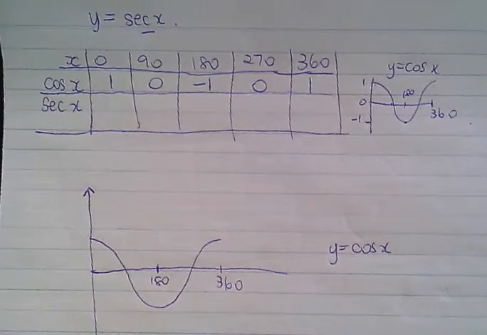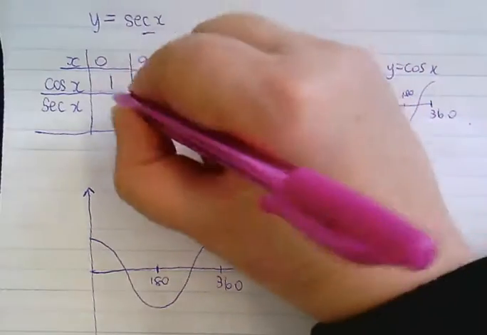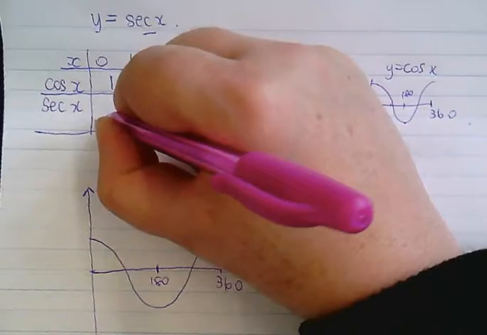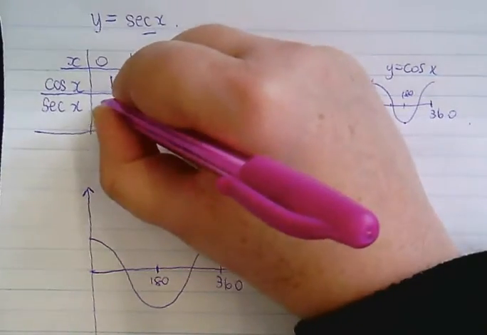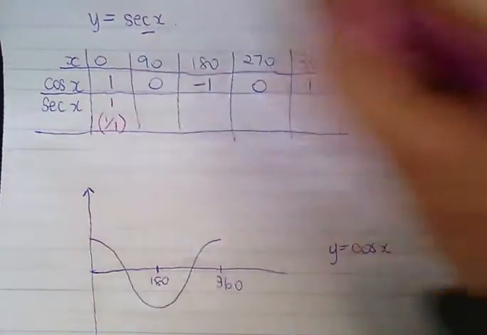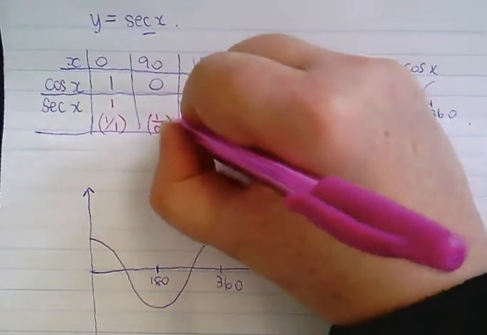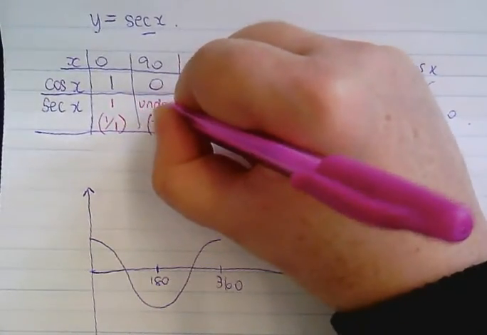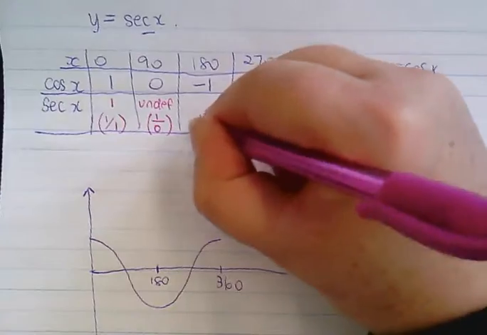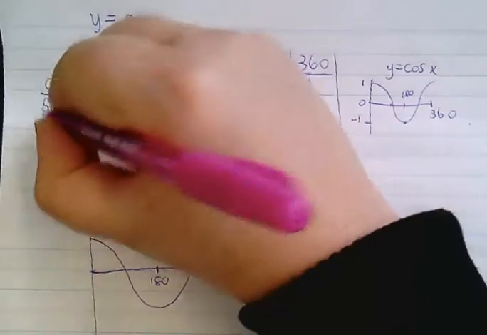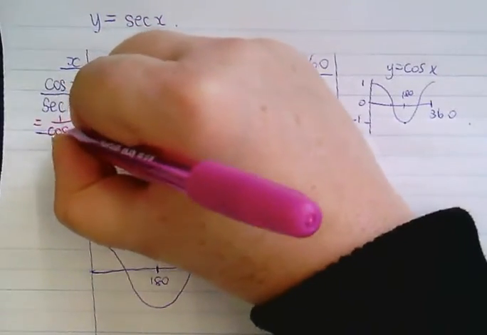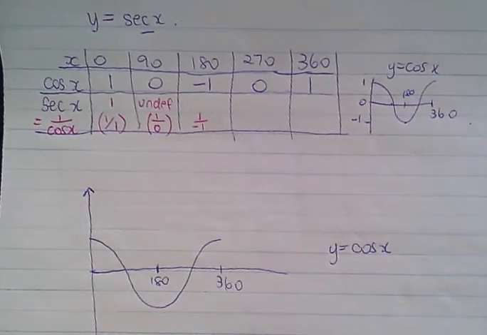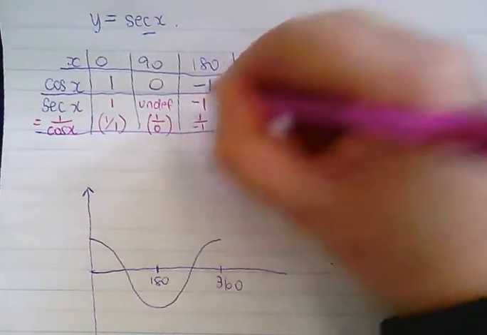Okay, now let's look at our sec values. 1 divided by 1 is 1. 1 divided by 0 is undefined. 1 divided by negative 1, remember, sec is 1 over cos x. 1 divided by negative 1 is negative 1.